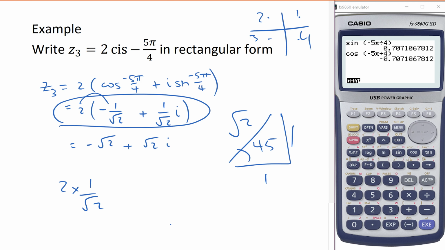Is it 3? You said 5 pi over 4 is 45 degrees. Didn't you just say that 5 pi over 4 is 45 degrees, plus 90?